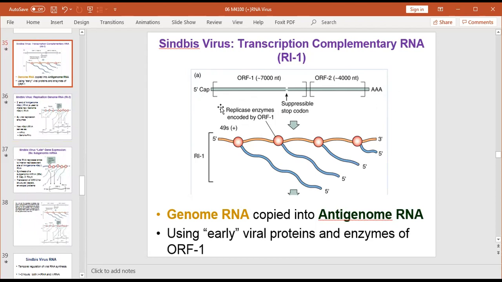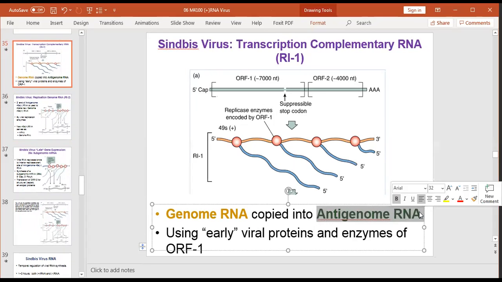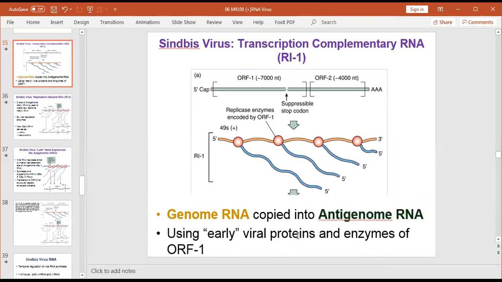It's a positive genome, so the positive genome will serve as a template and will be copied into an anti-genome RNA, which is a negative strand, and this process uses early viral proteins and enzymes from open reading frame 1. Those enzymes, called replicases, that are encoded by open reading frame 1, this region, will come and start making a negative strand off of the positive template.